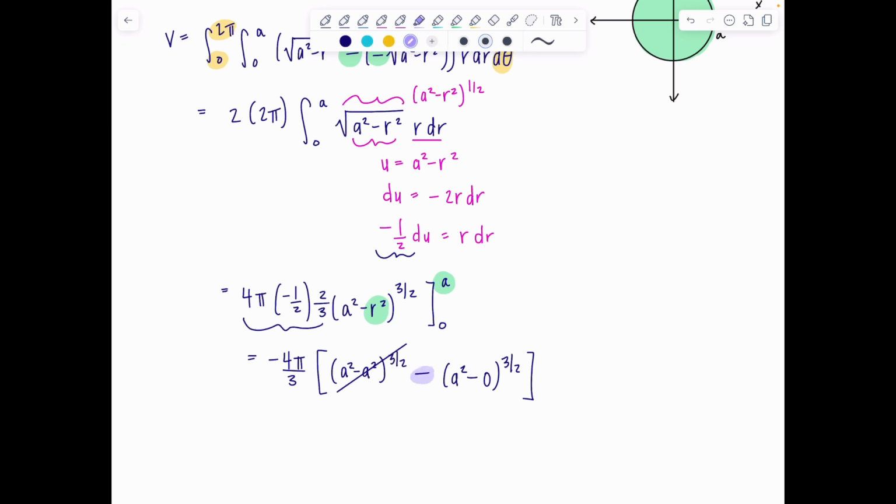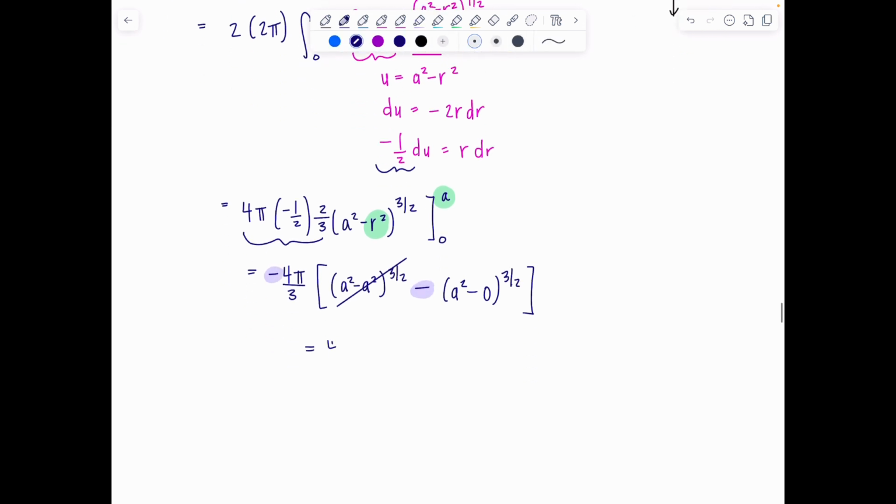And then these negatives cancel. So we have 4 pi over 3 times a squared to the 3/2. Well, that's 4 pi over 3 a cubed. Which, isn't that the formula for the volume of a sphere of radius a? It certainly is, guys. It certainly is.